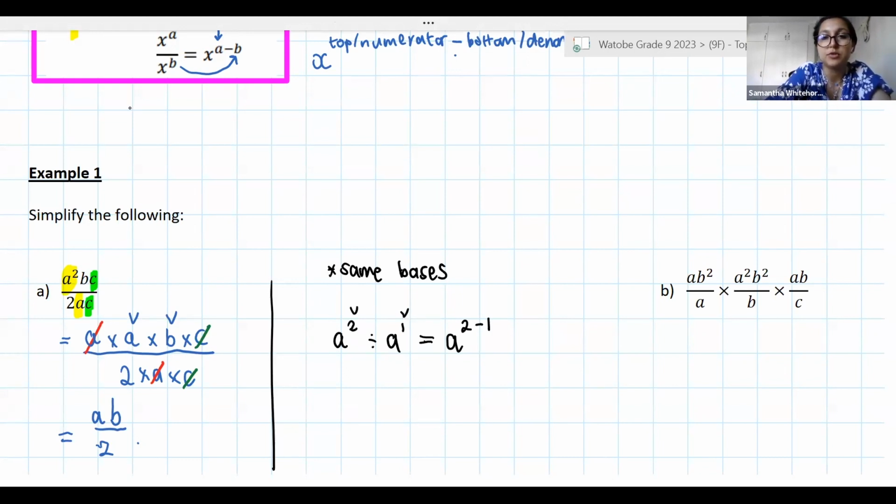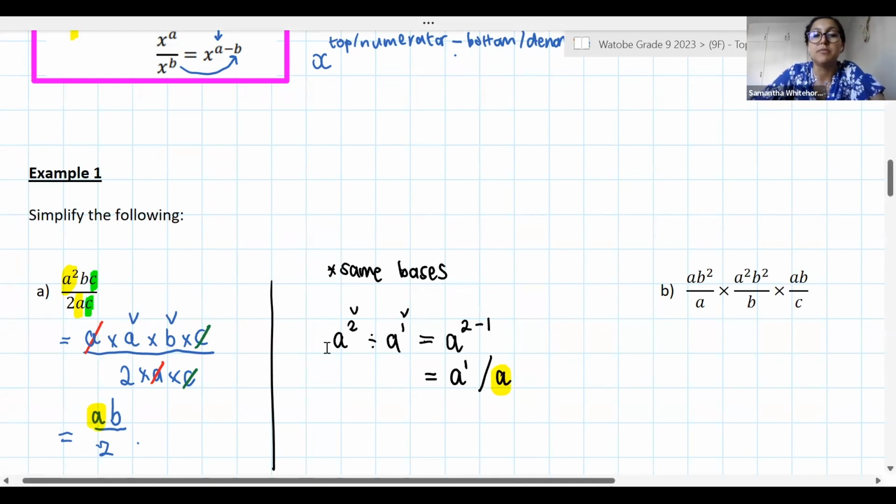Remember, if there's no exponent written there, there is an exponent of 1. And we know that 2 minus 1 is 1. Now, as I just said, we generally do not write the exponent of 1, so that's just a. And if we now go and have a look at the answer that we got previously, there is my a variable. So by subtracting exponents, we are able to simplify our expression.